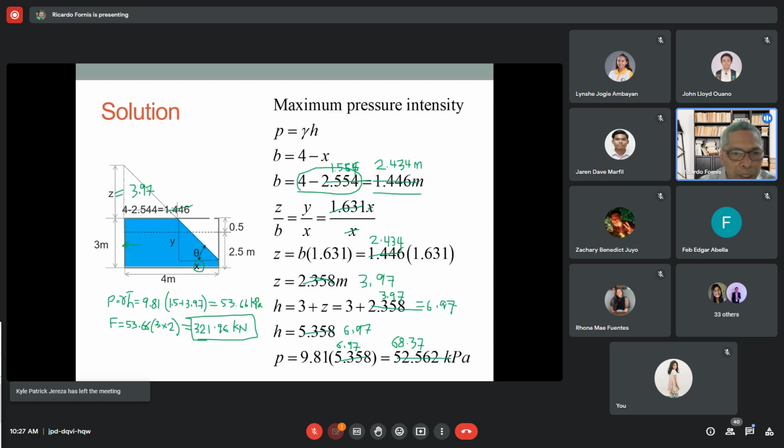This time the value of B, this one here, is 2.434. So I'll give you another 2 minutes to get the answer. The 2 minutes starts now. Then after 2 minutes, I will call you at random.